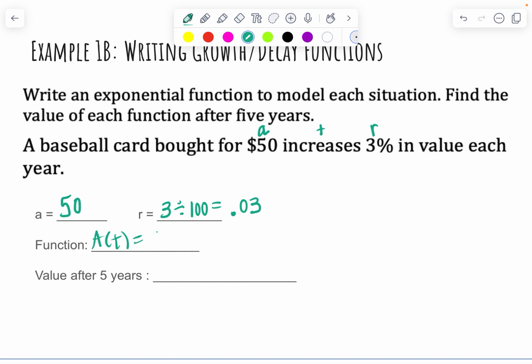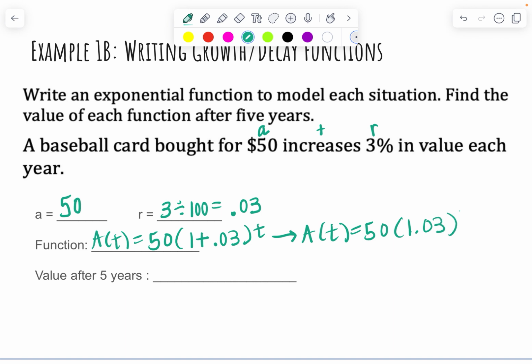So a of t equals 50 times 1 plus, because it's increasing, 0.03 to the power of t, which simplifies to a of t equals 50 times 1.03 to the power of t.